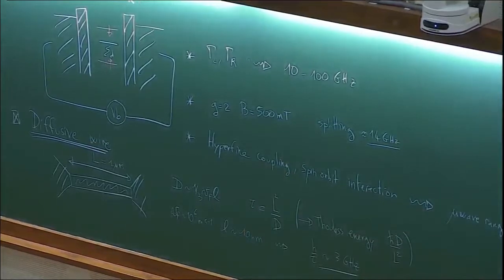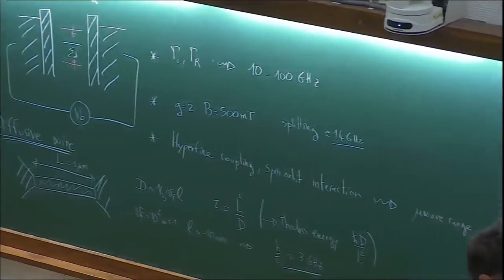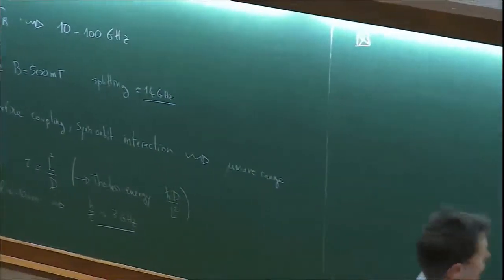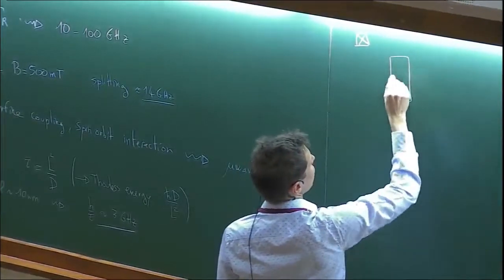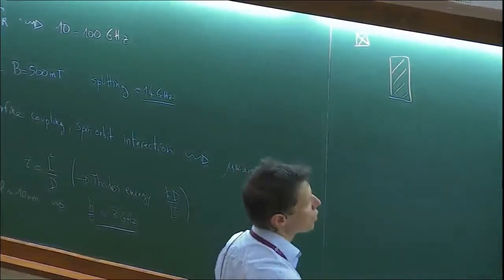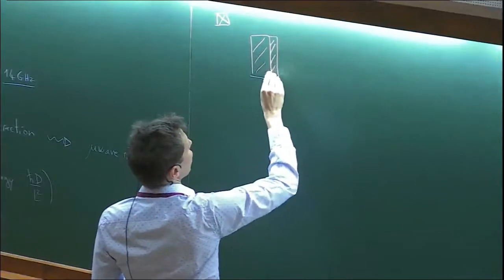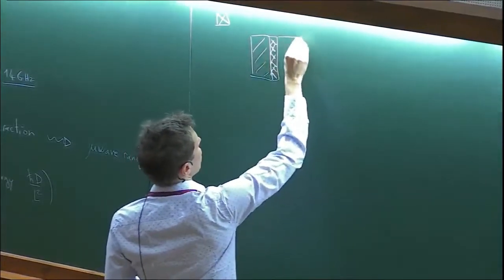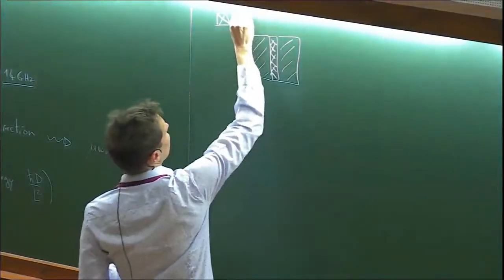Okay. But there is another very important energy scale, which is actually tunable. Now I take another system, which is even simpler in a way. I take a tunnel junction. It's not really mesoscopic, strictly speaking, although of course the insulating barrier here is nanoscopic.